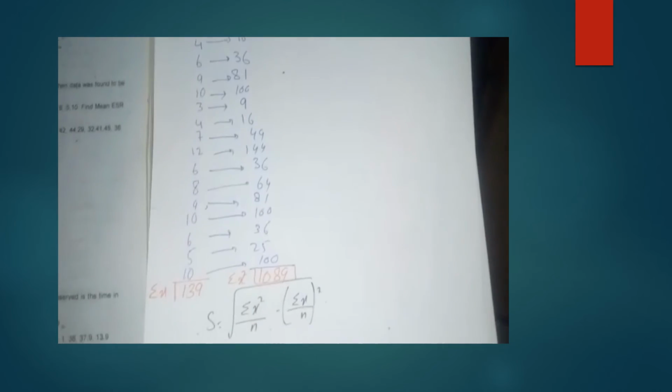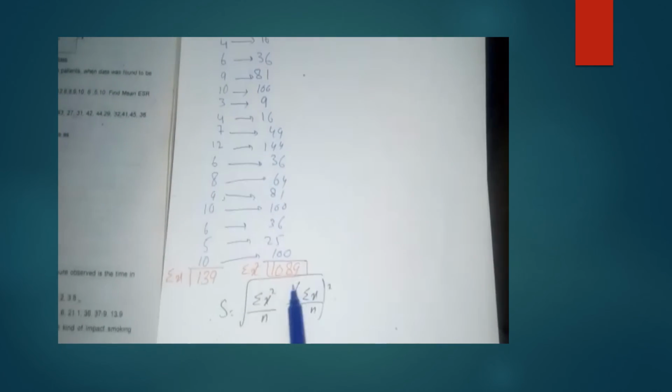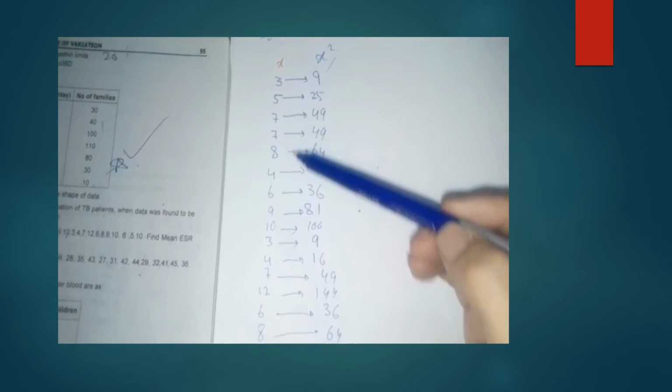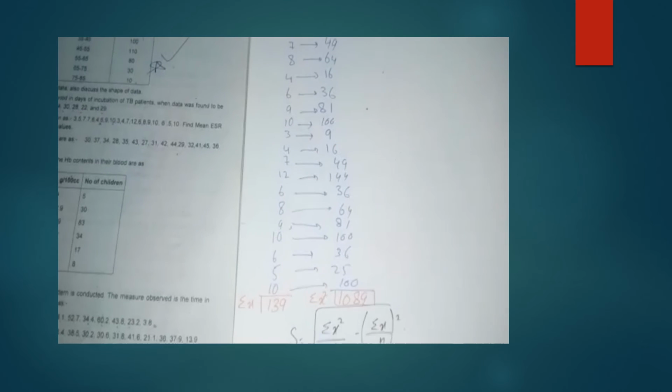Let's calculate the standard deviation of question number 9. Here is the data. First we write the formula. According to the formula, we take x square, and the summation of x square is 1089, and the summation of x is 139.